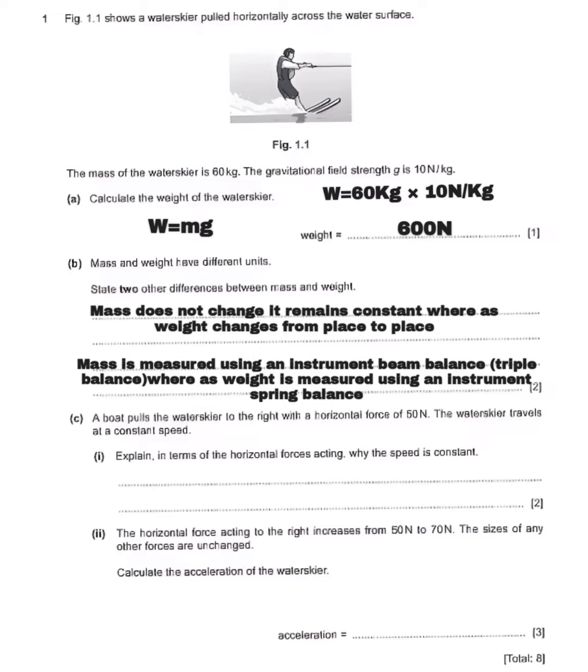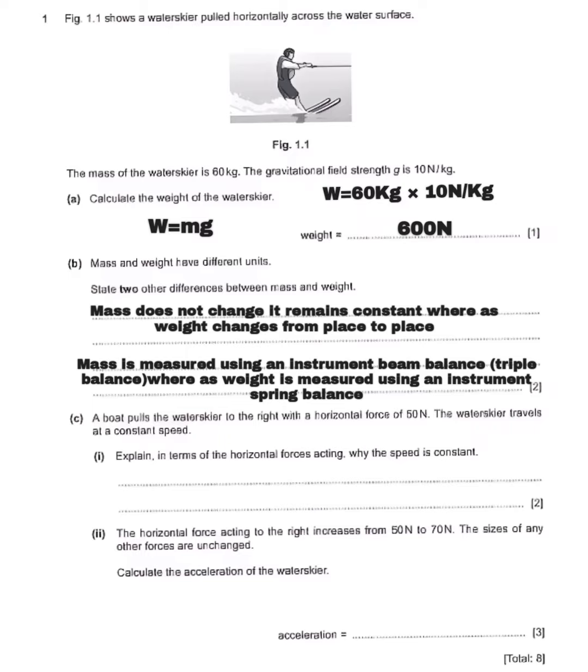The last one, you can differentiate by using the definitions: mass is the quantity of matter in an object, whereas weight is the pull of gravity on an object.